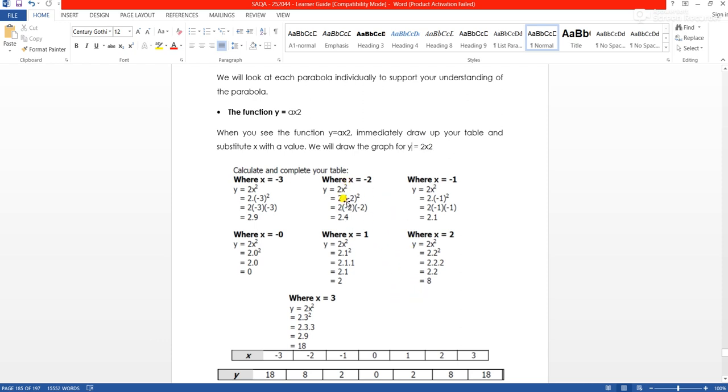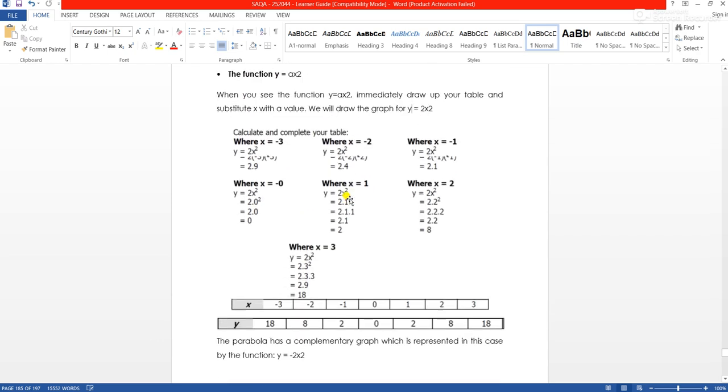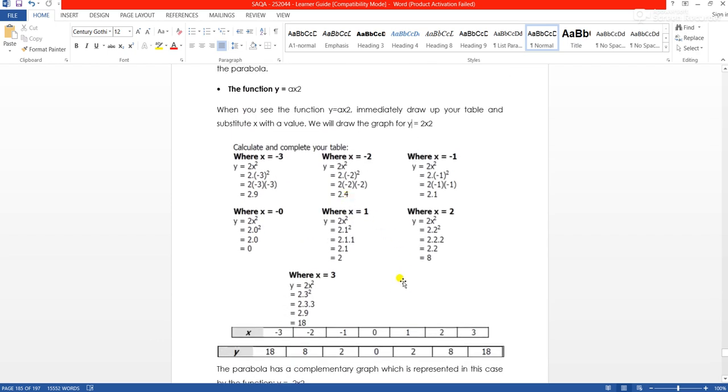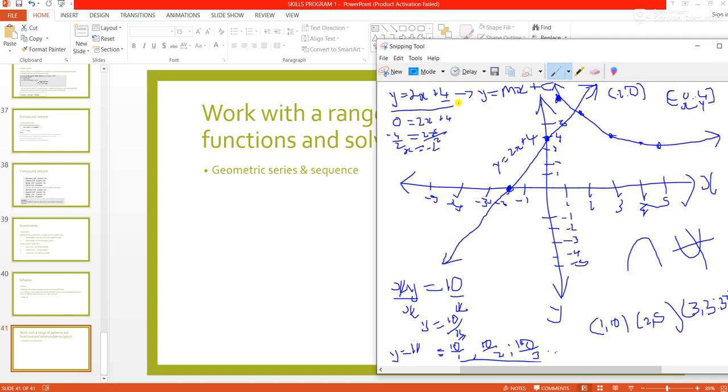We can substitute any values from our Cartesian plane. Let's make something practical.